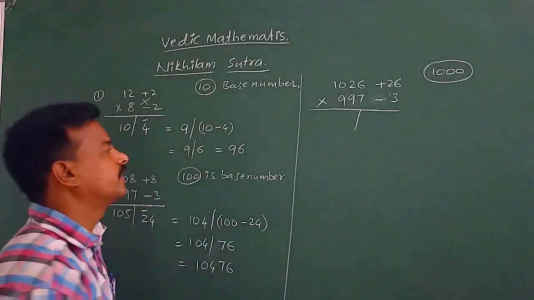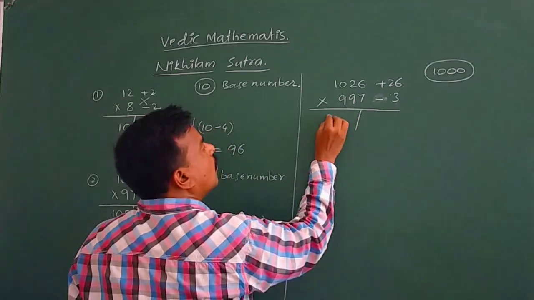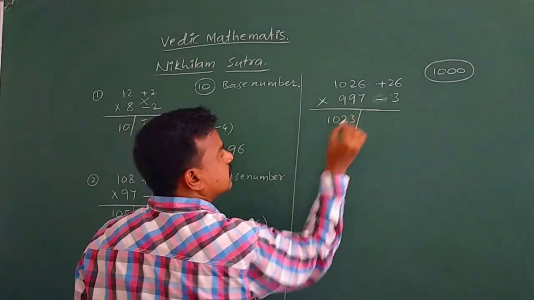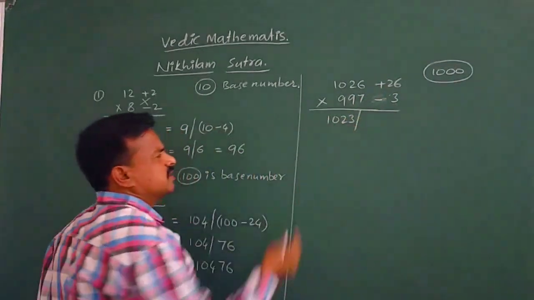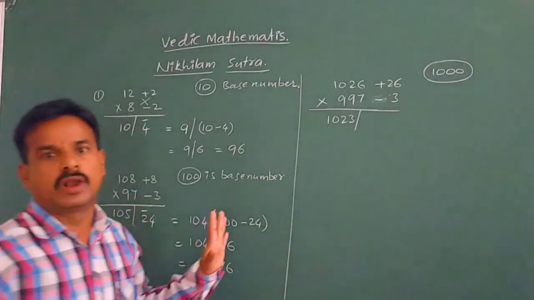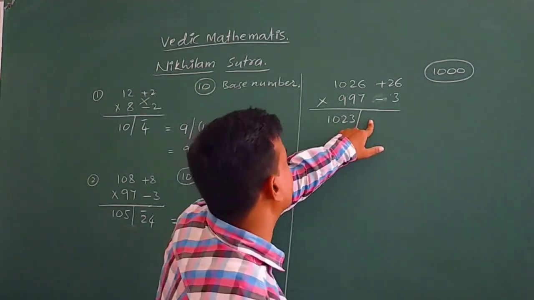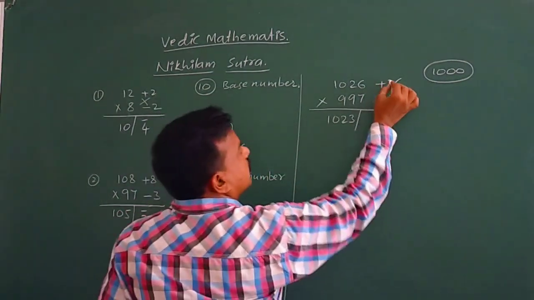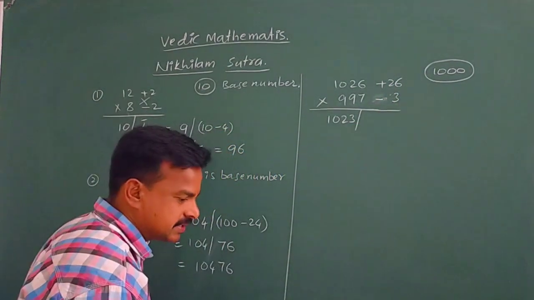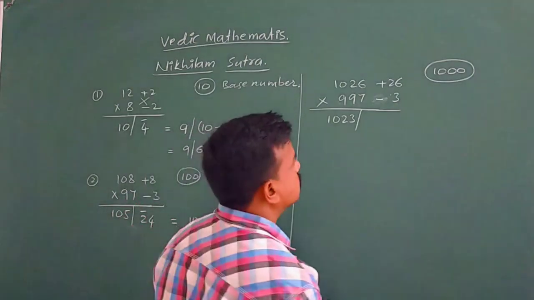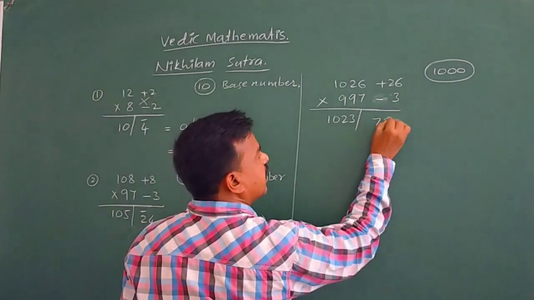Now to do the separation work: 1026 minus 3 is 1023, or 997 plus 26 is 1023, the same answer. Now we have to write the right side portion of this product: 26 plus into 3 minus is minus, and 26 into 3 is 78.